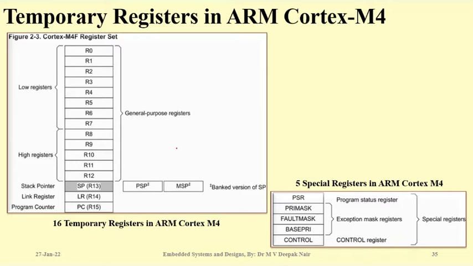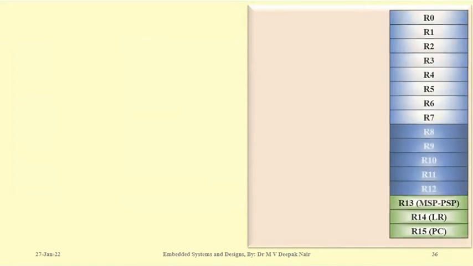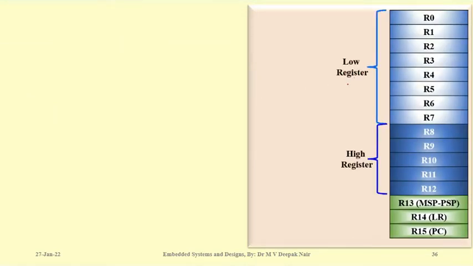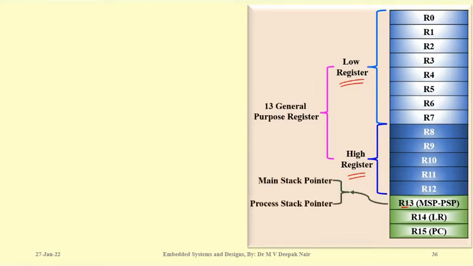special registers, apart from the normal registers R0 to R12, and R13, R14, R15, which are stack pointer, link register, and program counter. Let us look into these registers in a bit more detail. R0 to R7 is the low register, R8 to R12 is your high register, R13 is your stack pointer.